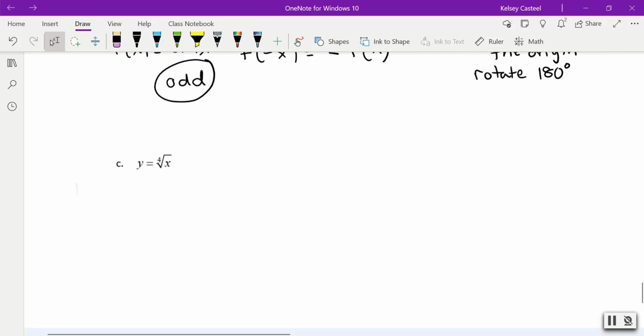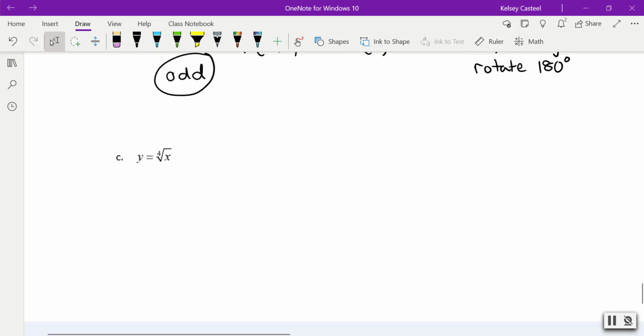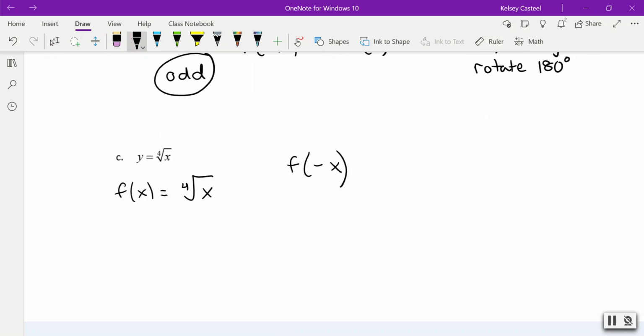All right, last one. y equals the fourth root of x. Let's use function notation and consider what happens when we plug in the opposite input. Well, that would look like the fourth root of negative x. There's something funny that happens when we try to take the even root of a negative number.